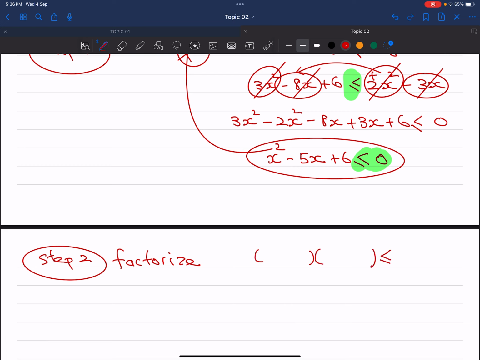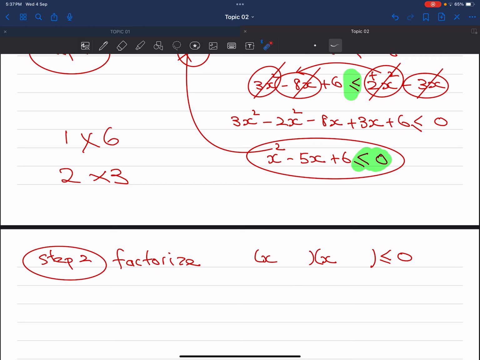I put the brackets first, together with the inequality sign. So x squared, I break up into x and x. And 6, I can break up into 1 times 6 or 2 times 3. It depends on the number in the center, negative 5.